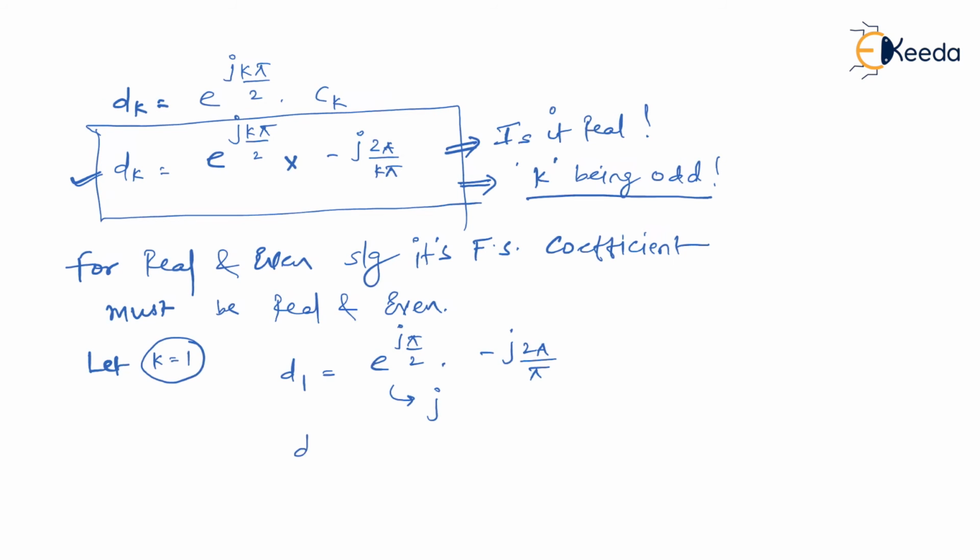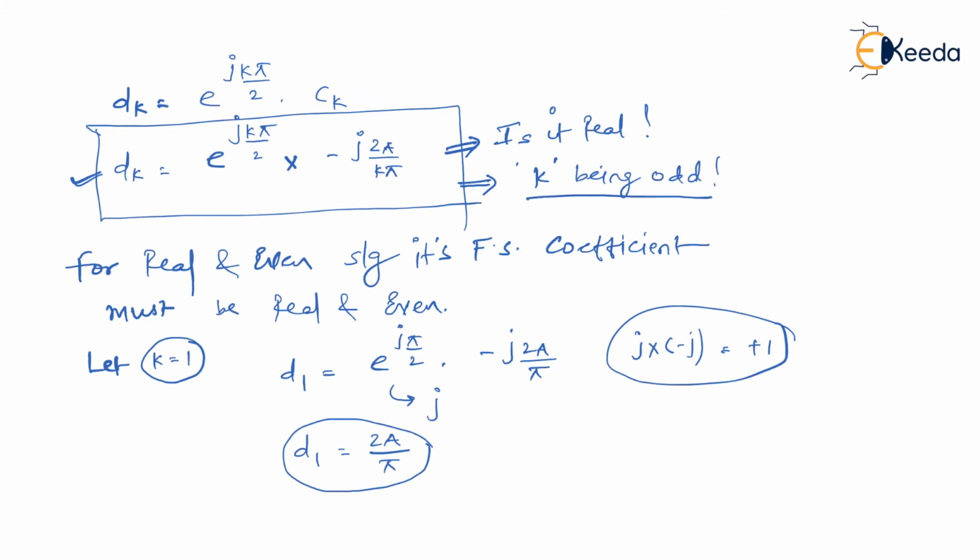In that case, d1 is equal to, you can see, j multiplied with minus j, so it becomes plus 1. Therefore, it is equal to 2a by pi. This is the value of d1. Looking at d1, is it a real or complex value? Of course, it is a real value.